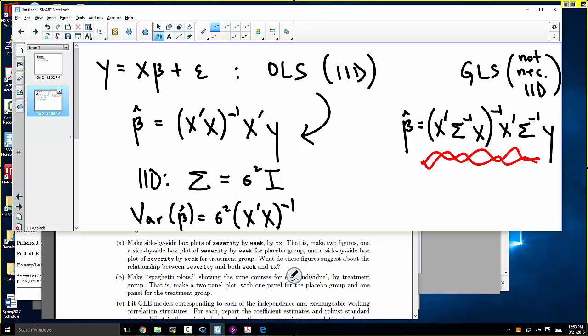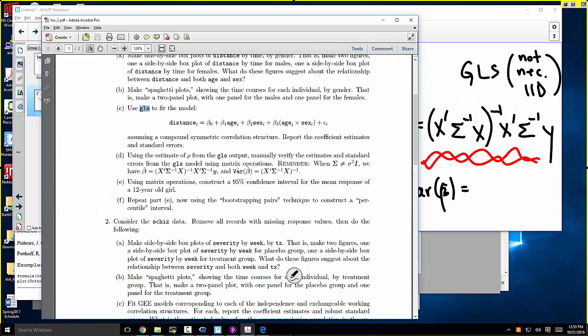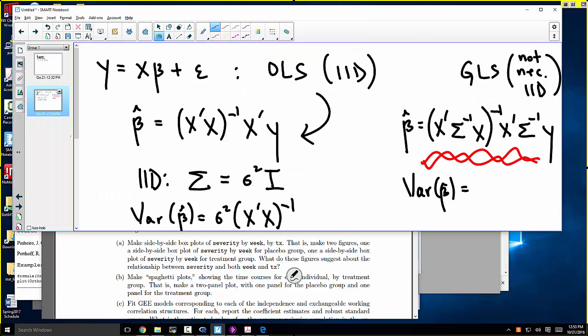While in the GLS case, the variance is a little more complicated. It looks like this: X transpose sigma inverse X, inverse. Both the estimate and the variance estimates depend on this covariance matrix.